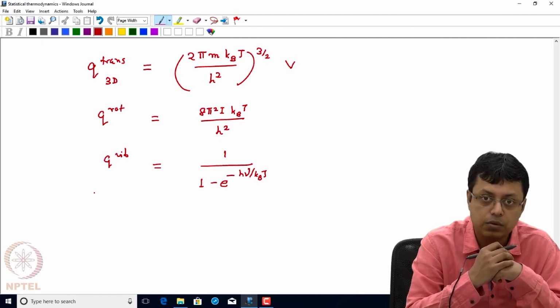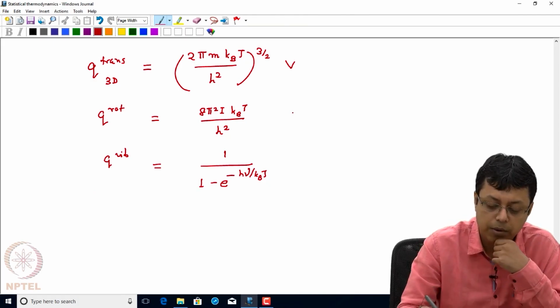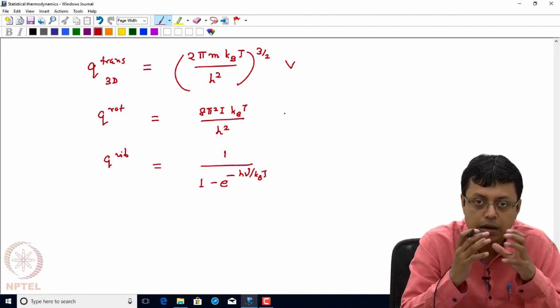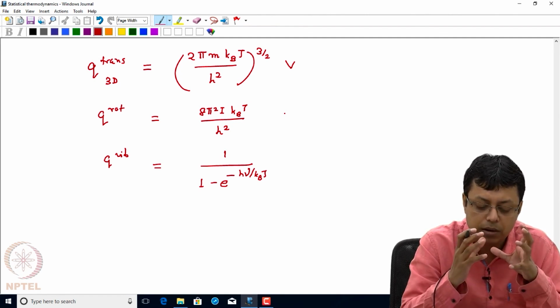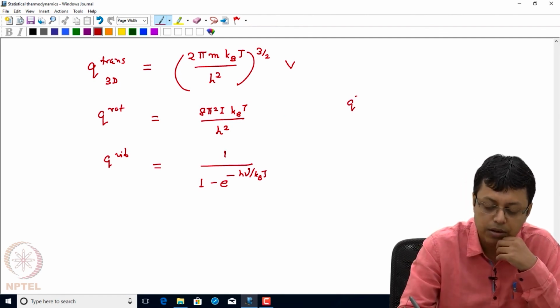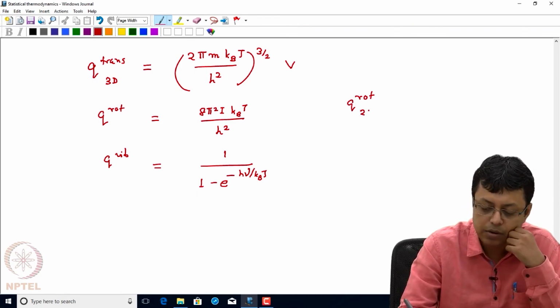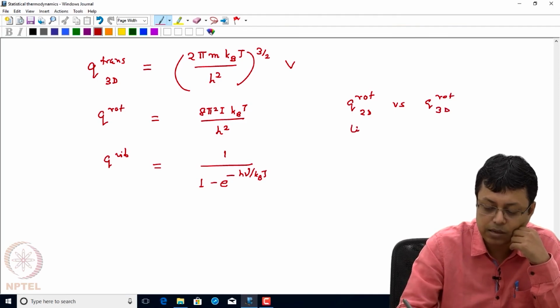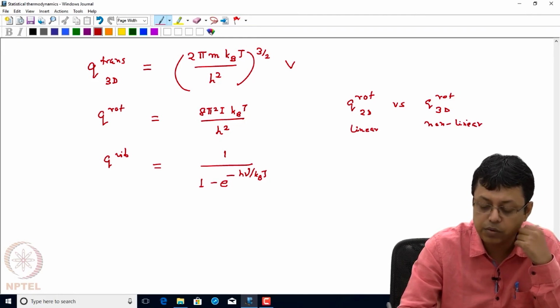So we'll ask you to figure it out in a problem set: what we have calculated, and how we can distinguish the different rotational partition functions, if there is any difference between the 2D and 3D cases, meaning a linear molecule versus a nonlinear molecule, and how the rotational partition function will change.